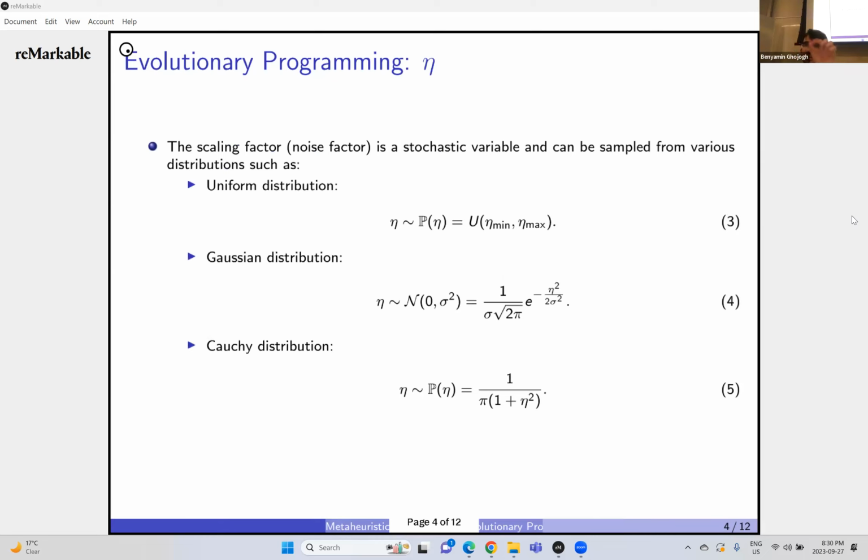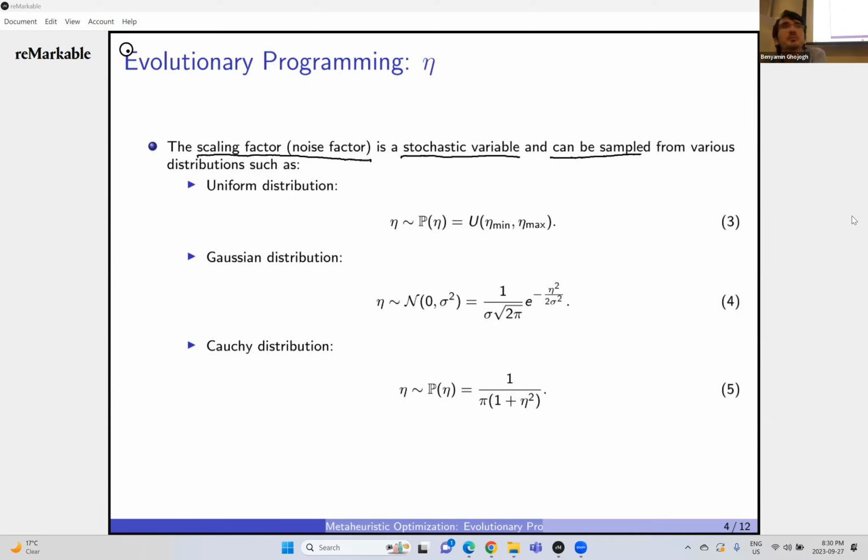Now let's talk about eta. Let's talk about each part. Eta was the scaling factor or noise factor, right? So it's a stochastic variable. First off, it's random. It's not deterministic. You know the difference of stochastic and deterministic, right? If you don't know that, it's nothing complicated. Deterministic means it's not random.